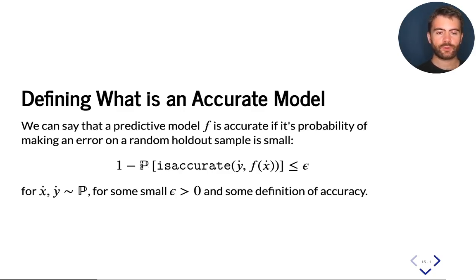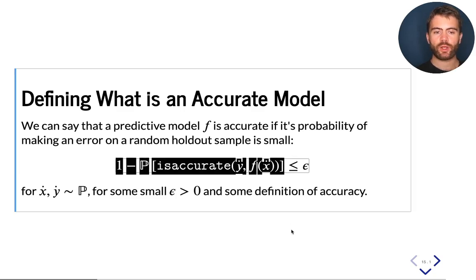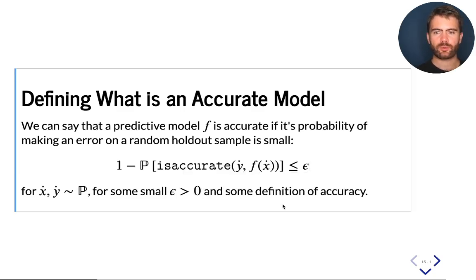So for example, if we sample a random x and y, and 1 minus the probability of being accurate, which is the probability of it not being accurate, is less than 1%, then we say that this is an accurate model, where again, epsilon is something that we would choose for a particular application. Or to interpret this differently, suppose that we have sampled a large number of holdout points x and y, and these are distinct from our training set. Let's say we have sampled 1,000 of them.